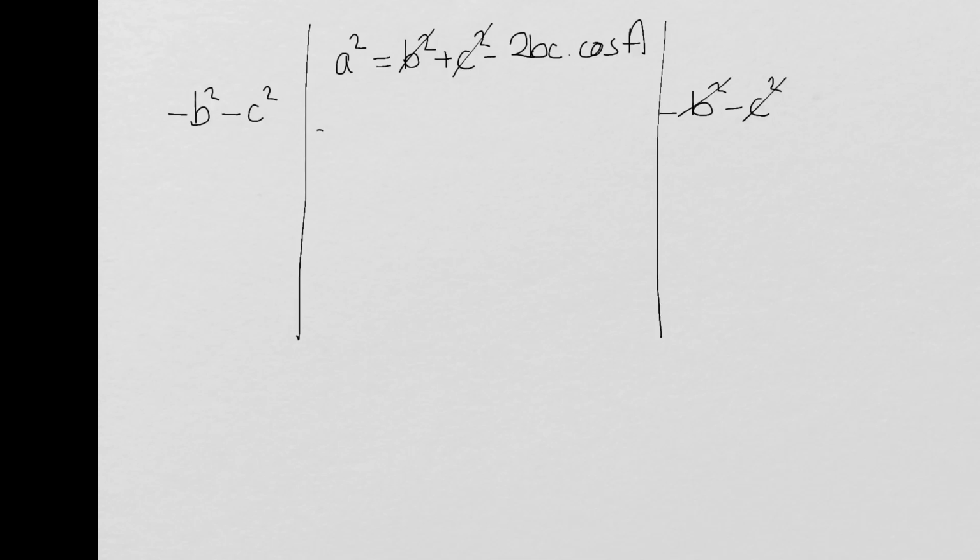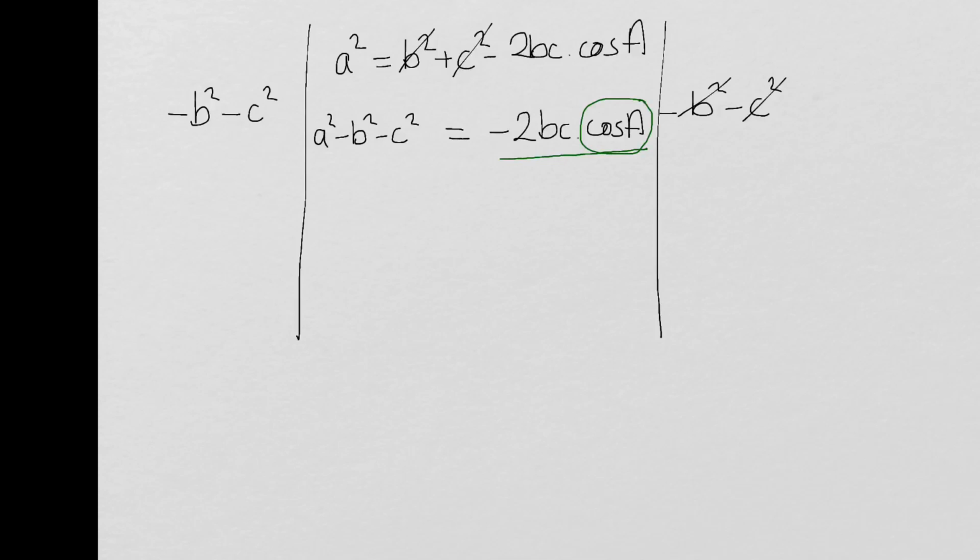And that means on the left hand side now I have a squared, subtract b squared, subtract c squared. What I'm left with on the right hand side is a minus 2bc cosine of A. And then this is where we've got a multiplication going on between these. It's minus 2 times b times c times cosine A. And I'm really trying to get this A on its own, but that's locked in with the cosine.